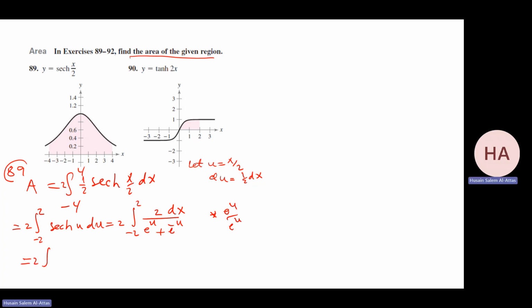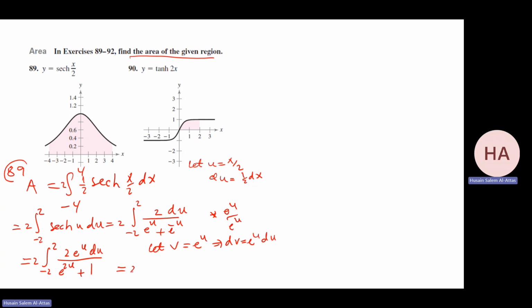That gives me 2 times the integral from -2 to 2 of 2e^u over e^(2u) plus 1. Don't forget this is du, not dx. Last time I'm dealing with u, du. Now I let v equal e to the power u, so dv is e to the power u du.